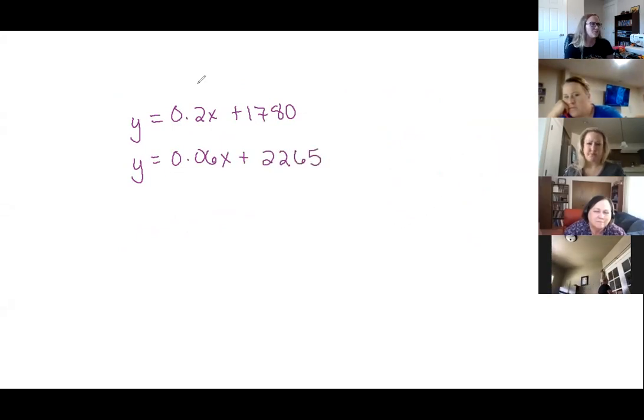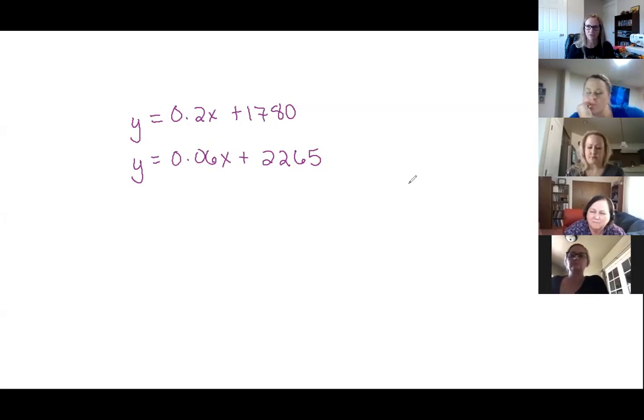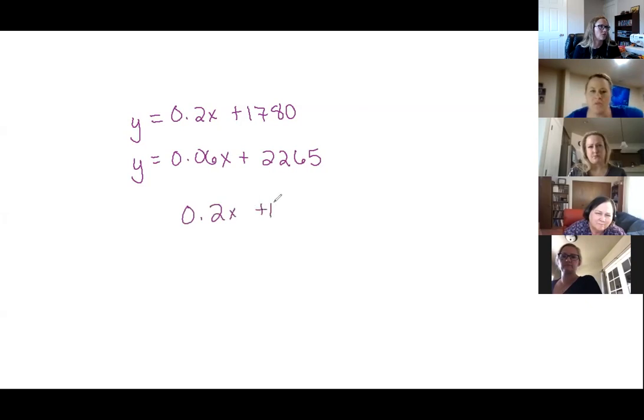And so really it gives you all those different options, but the best way to figure out which one is our best answer is to just solve this as a system of equations. Figure out, okay, where would these plans be equal, right? And so this one's set up nicely for substitution. Both already solved for y. And pretty simple as far as solving. We just set these equal to each other.